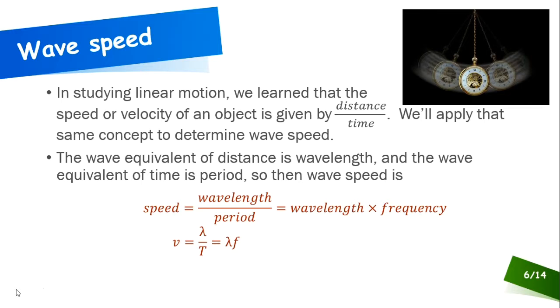But since the period is the reciprocal of the frequency, I could also take the wavelength and multiply by the frequency, and that would also give me the speed. And that's typically the more common way that you're going to see this described as we go through the course. The velocity is equal to the wavelength lambda times the frequency f.